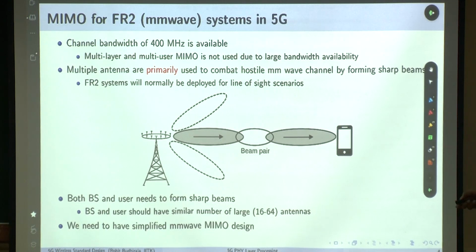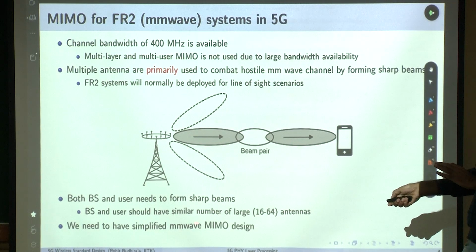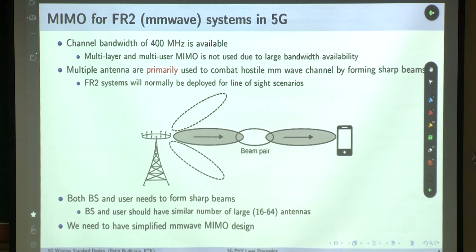With current technology, you cannot have so many integrated RF chains on a single chip, so you need a simplified millimeter wave system. It is primarily because of the technology. If you could put 16 RF chains in one small chip, you would use multi-user MIMO here also, and further increase the data rate. Nobody is stopping you from doing that.